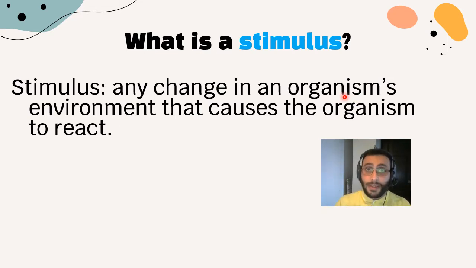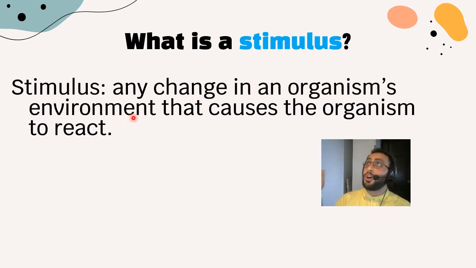I am a living thing. A dog is a living thing. A tree is a living thing, right? Environment means everything around you. For example, my room is my environment right now.